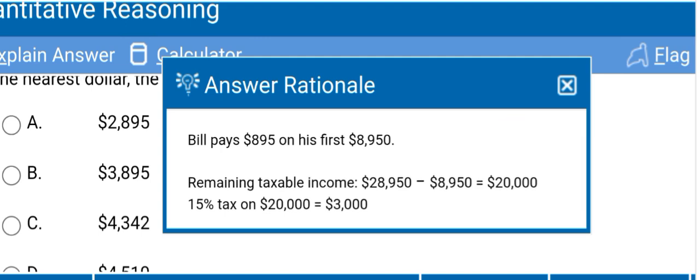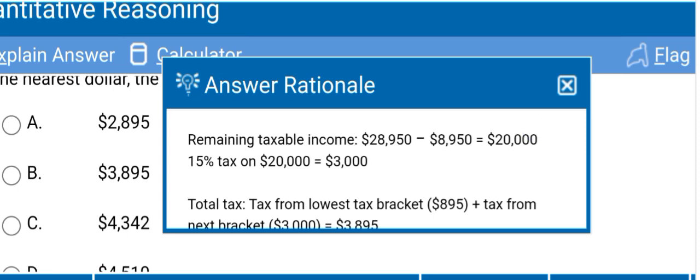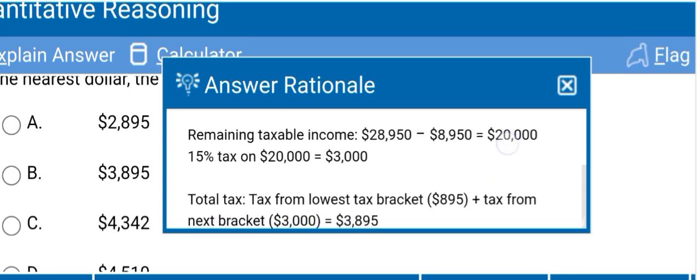Bill pays $895 on his first $8,950. Remaining taxable income is $28,950 minus $8,950 equals $20,000. 15% tax on $20,000 equals $3,000.